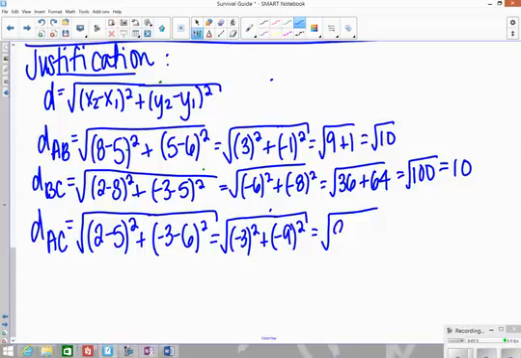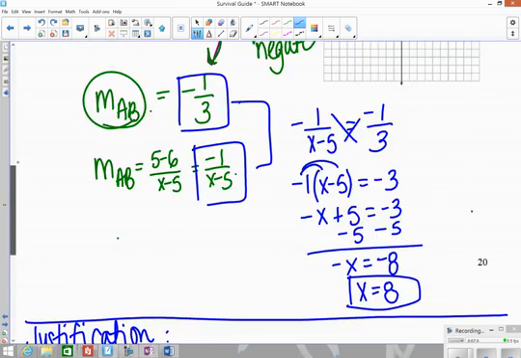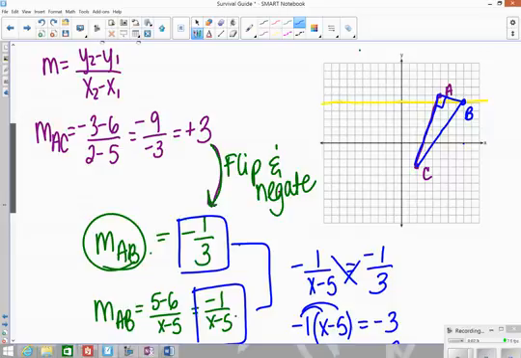So we get 9 plus 81, add those up, and we get the square root of 90. So if I go back up and label my triangle with my distances, side AB is square root of 10, side BC is 10, and then side AC is square root of 90.